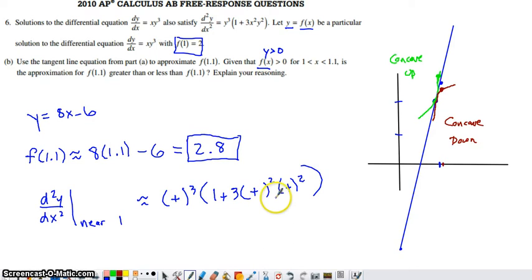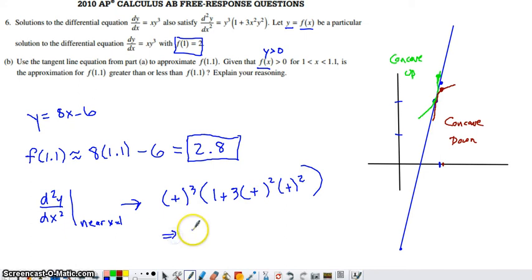So look at the value of the second derivative. I shouldn't really say approximately here. But near 1, the second derivative evaluated at x near 1 is going to be a positive cubed times 1 plus something that's positive. So the second derivative is positive.